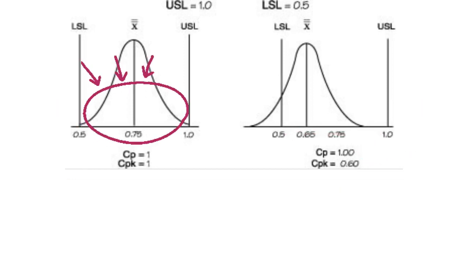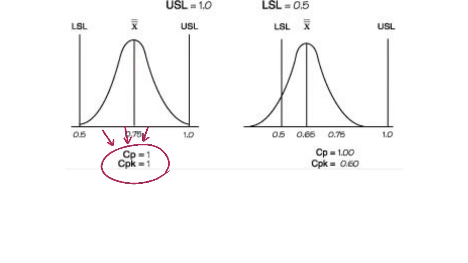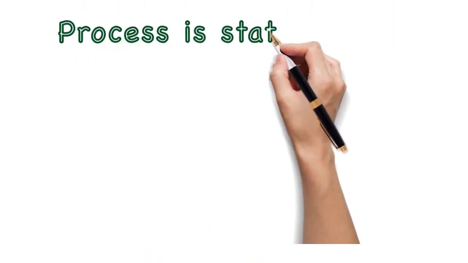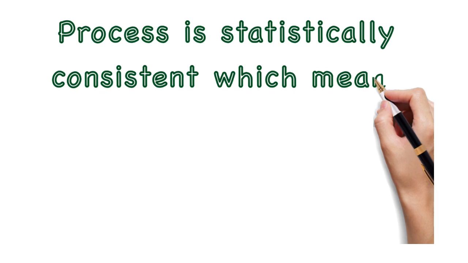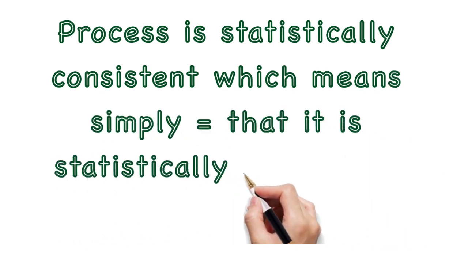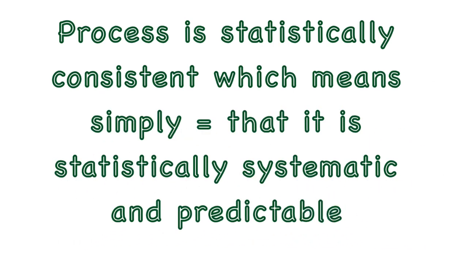However, if the overall average is in the center of the specification, the CP and CPK values will be the same. But again, both indices assume that the process is statistically consistent, which means simply that it is statistically systematic and predictable.